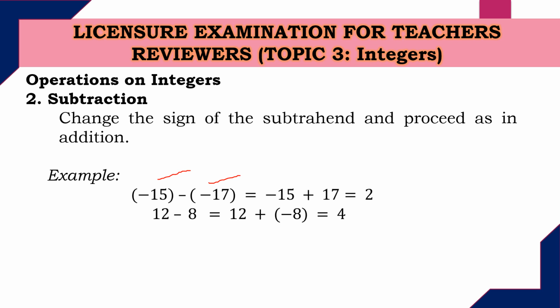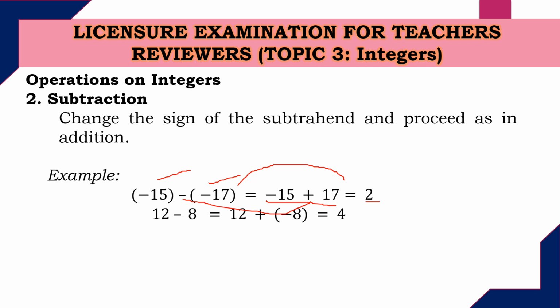Now, we will change the sign of the subtrahend. From negative 17, it will become positive 17. And then, proceed as in addition. From minus, it will become plus. So, we have negative 15 plus 17, that is equal to 2.